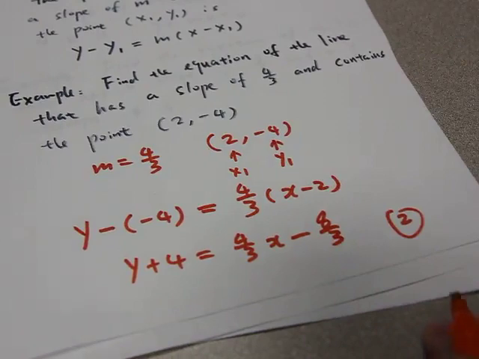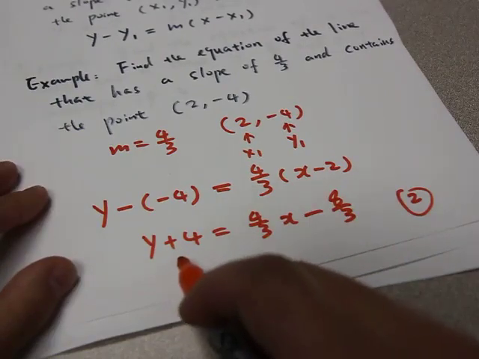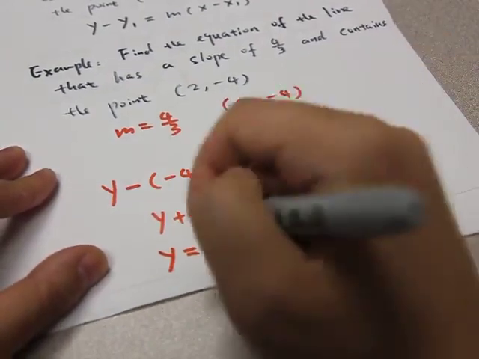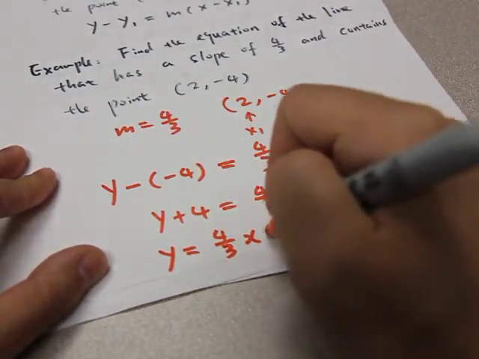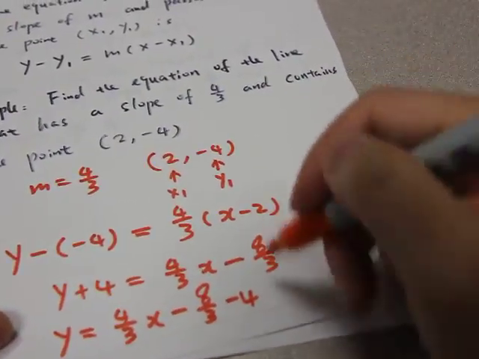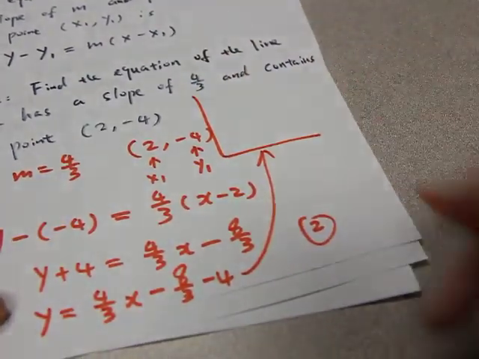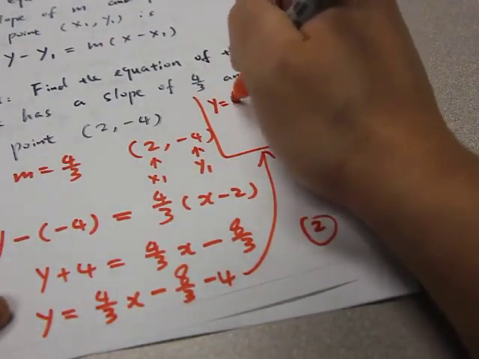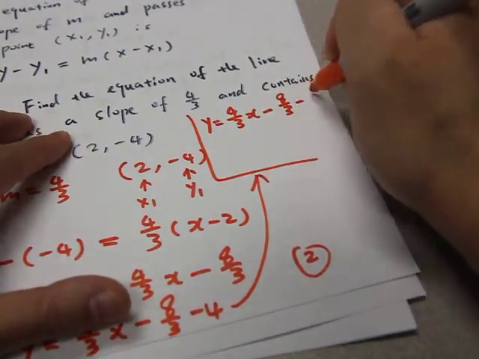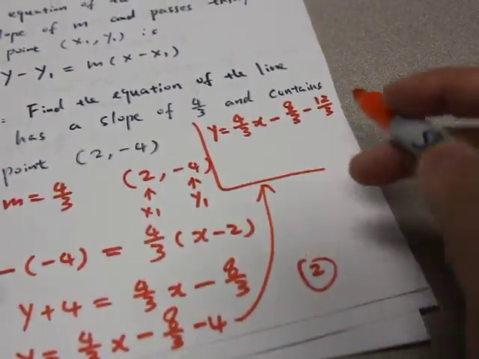And if we continue to simplify this equation, if we subtract 4 from both sides, we will have y equals 4 over 3 x minus 8 over 3 minus 4. So we're going to have y equals 4 over 3 x minus 8 over 3 minus 12 over 3. So here I convert 4 into 12 over 3.